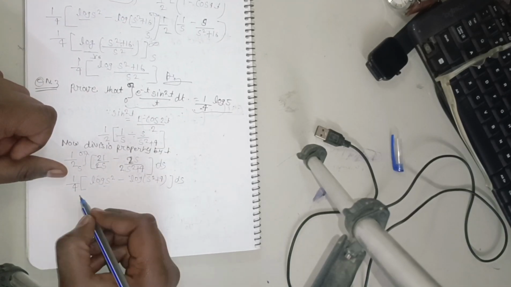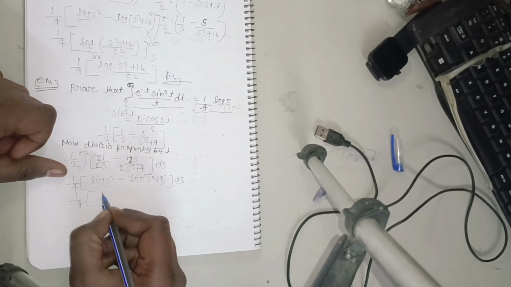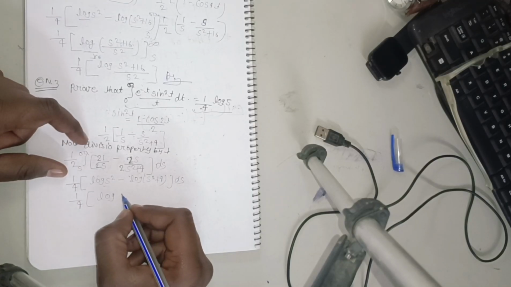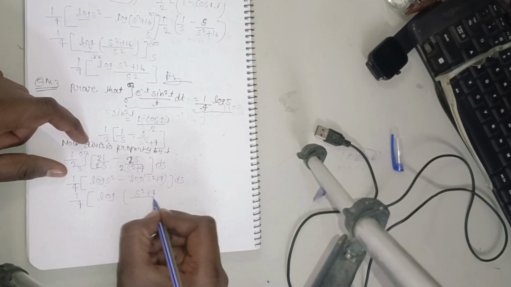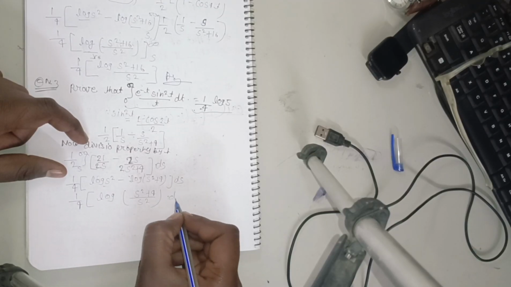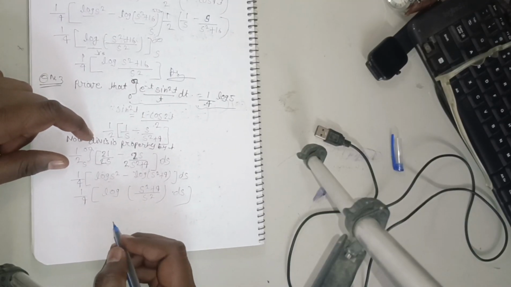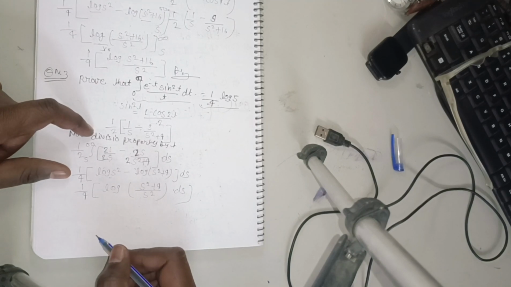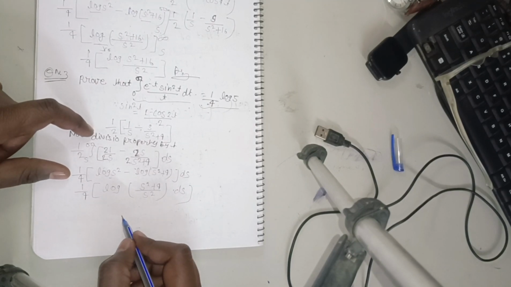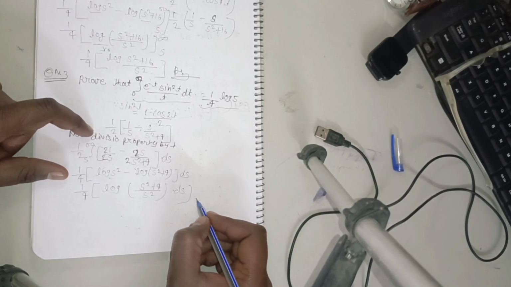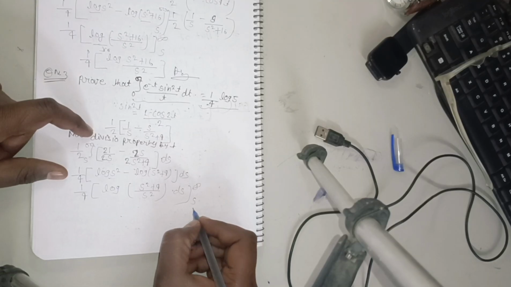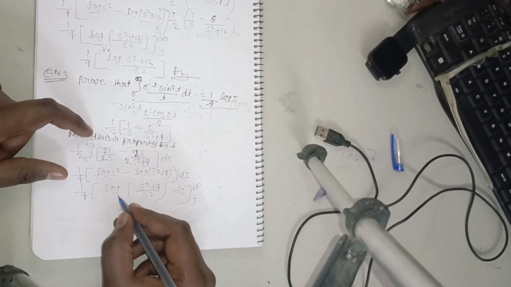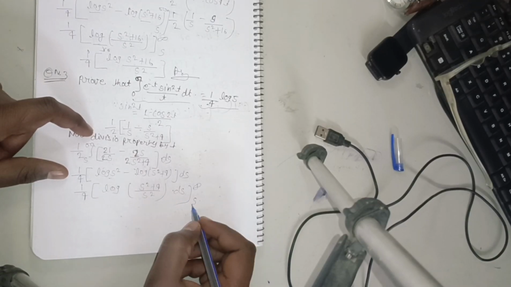Yeah, so simply now that property only. So log of s square plus 4 upon s square. Okay, now simply on s to infinity, that property. I'm not putting infinity because you know that it will be 0 only, so I'm putting s.